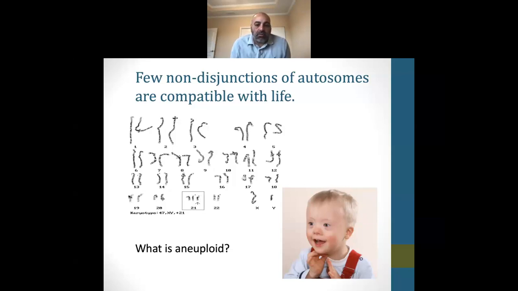Okay. And then aneuploid is when they find a cell that just does not have all three chromosomes somehow. Or wait, let me think about it. No, it's where it has extra.